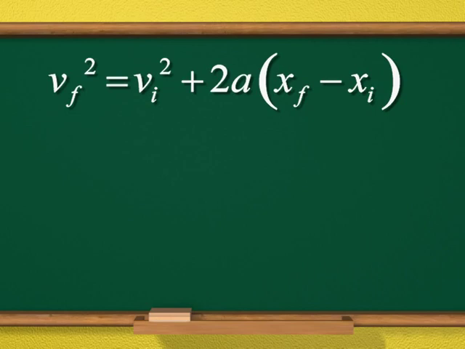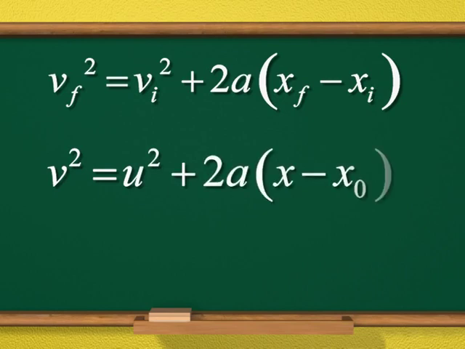Using the similar identification for initial and final velocities and positions, we rewrite the relation as V square equal to U square plus twice A times x minus x0.